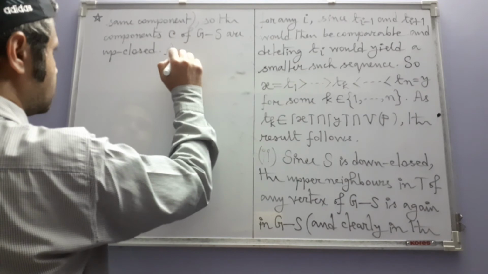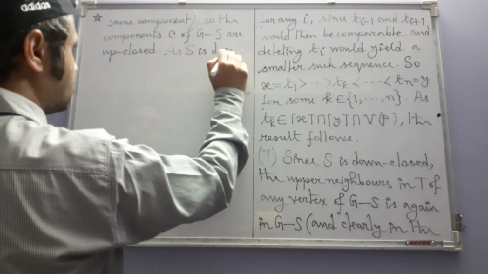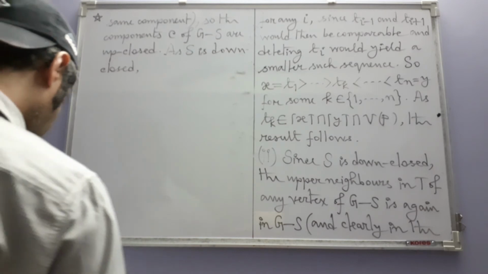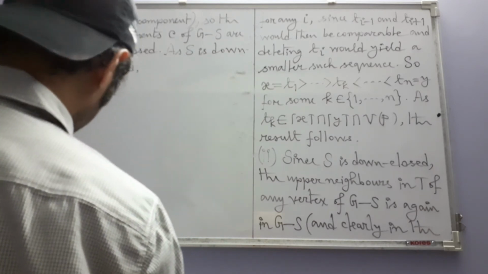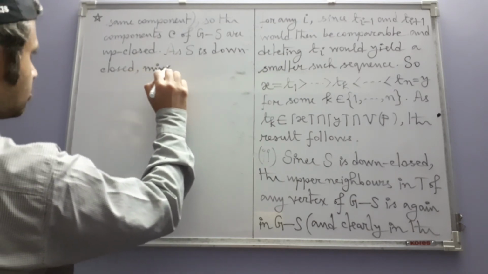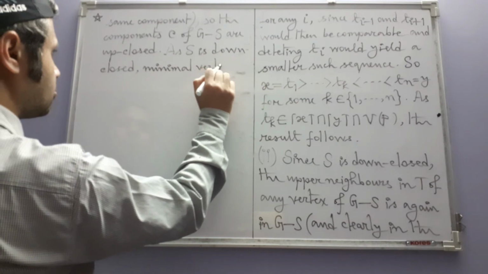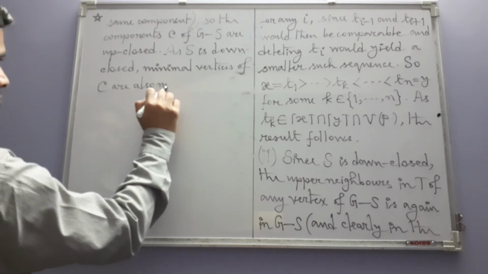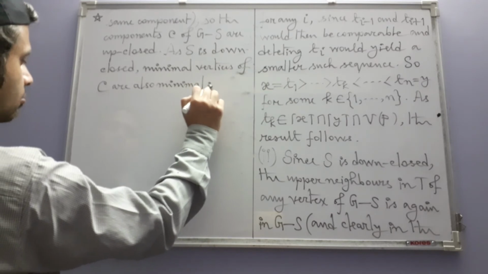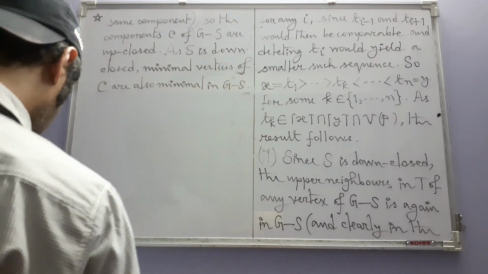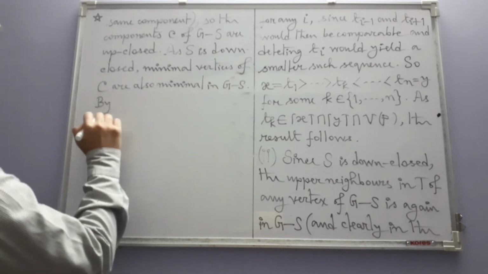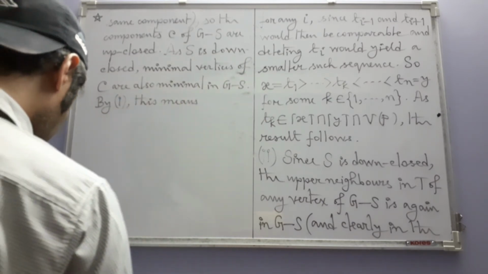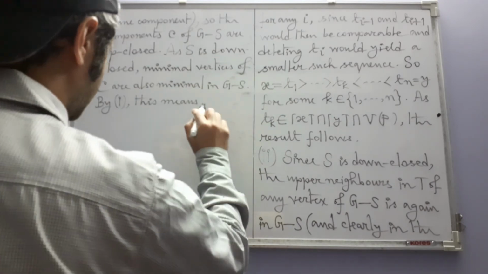As S is down closed, minimal vertices of C are also minimal in G minus S. By 1, this means that C has only one minimal vertex.